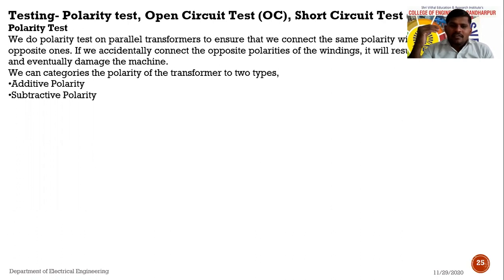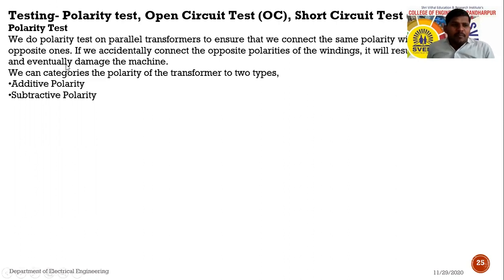We should understand whether this terminal has positive polarity and whether this terminal has negative polarity, so that there is no mismatch or opposition in the connection. So the polarity test is important.